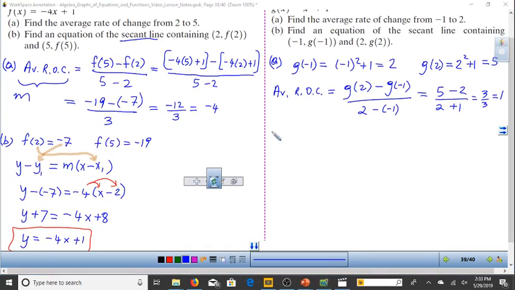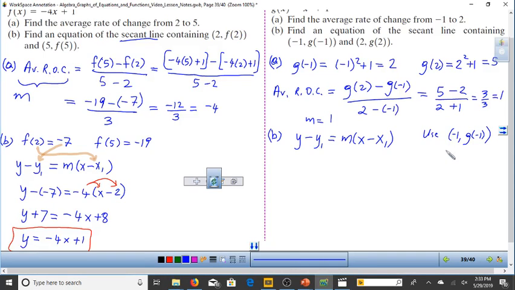Now let's go to the equation of the secant line. Again, the equation of the secant line is found by doing all the things we would normally do with a straight line, but the slope in this case is the average rate of change. So we can choose the point -1 comma g of -1, which is the same as using -1 comma 2.